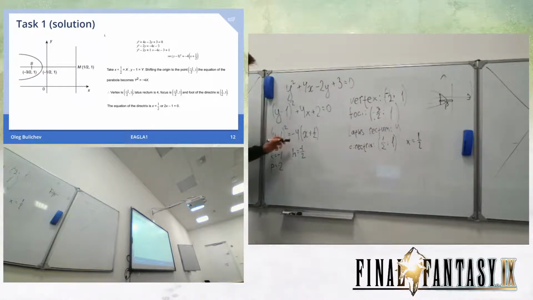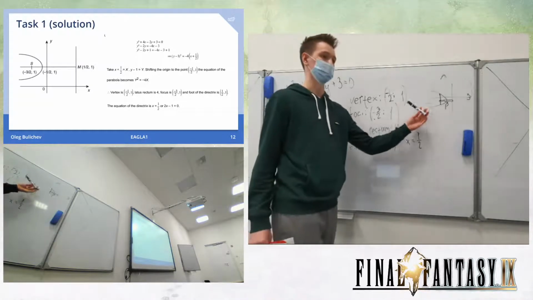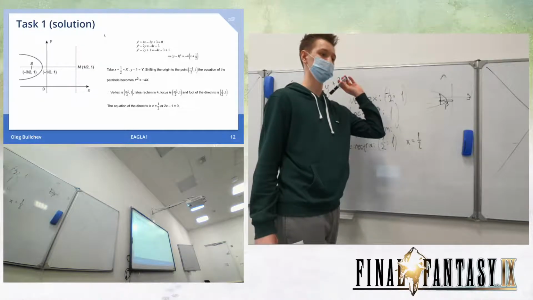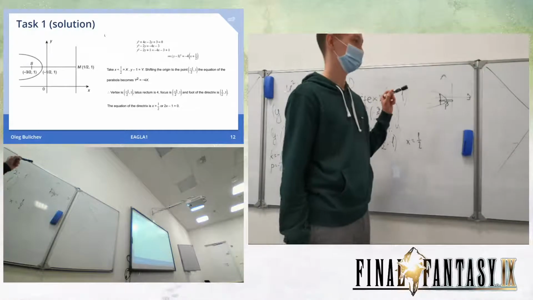Okay. We can see on a canonical formula, if we have a y squared, it means our parabola will be directed along the x-axis.